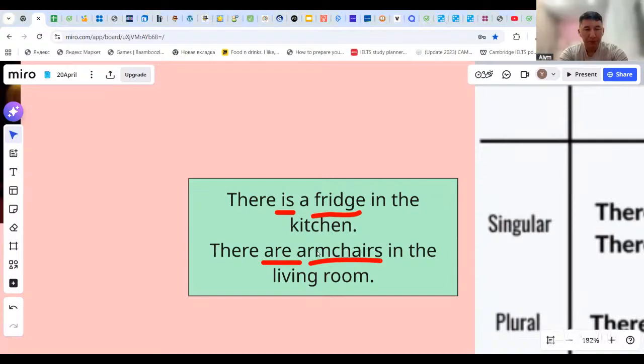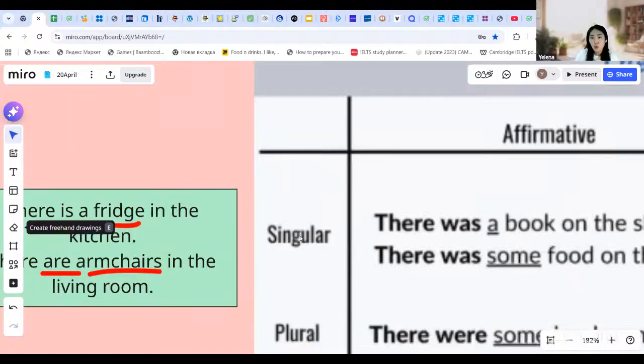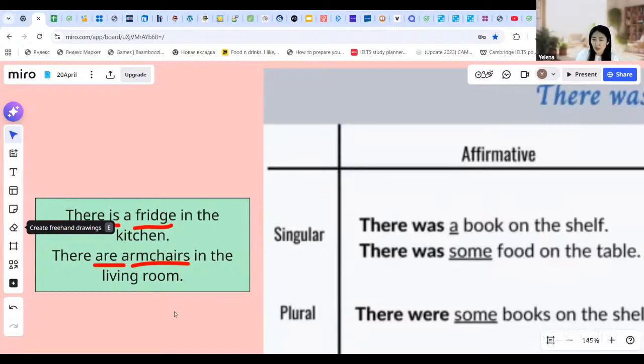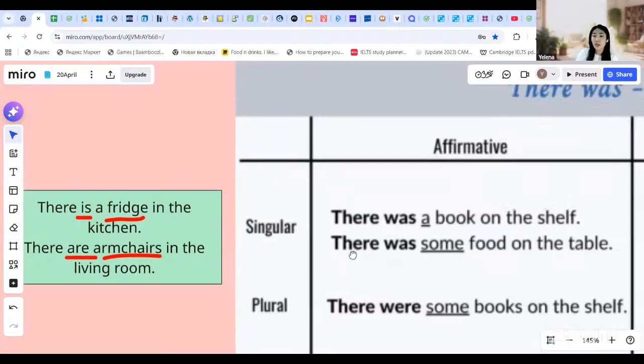Well, you can see there are two phrases, there is and there are, right? We use there is when we talk about singular things like a fridge, a table, a chair, and there are for plurals. But can you please answer one more question? Are we talking about the present? What time are we talking about when using there is, there are? Present simple. Yes, we talk about the present.